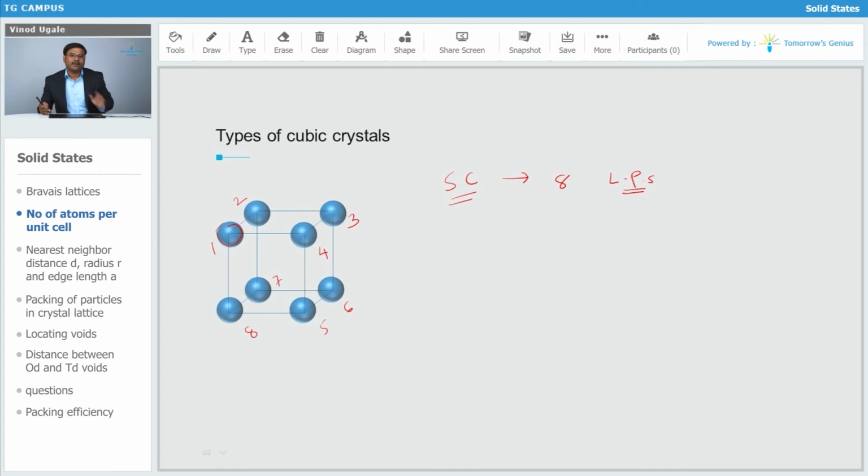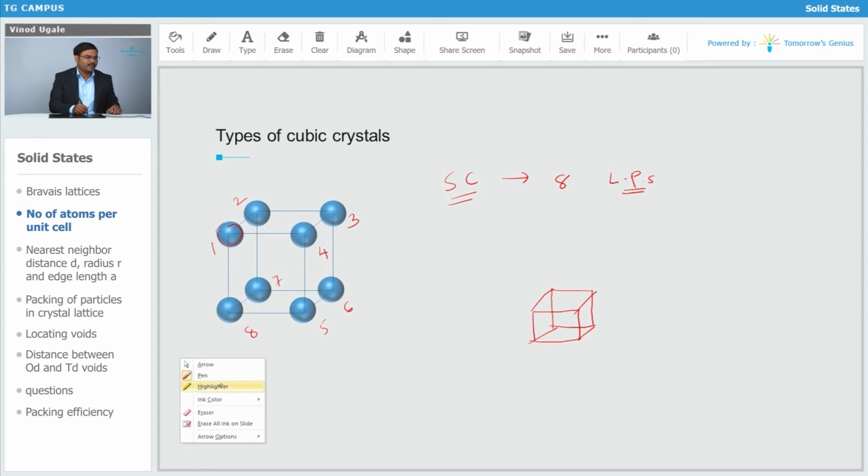So that is what we have to understand first, that each particle at a corner is shared by how many unit cells. Okay, so let me draw it so that we can understand in a better way. Suppose this is our cube, and in that cube we are going to consider one particle.